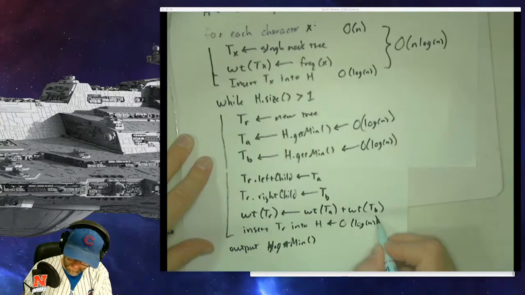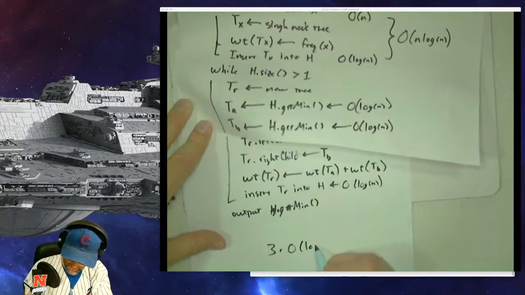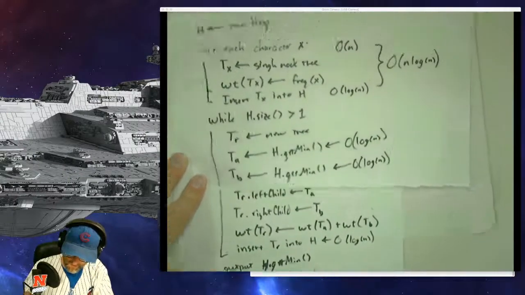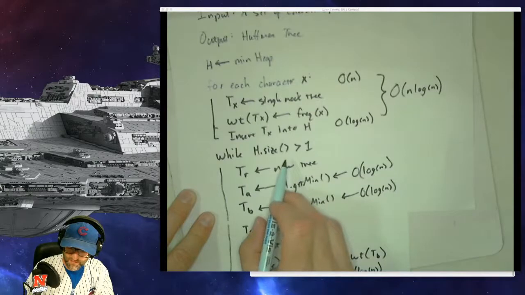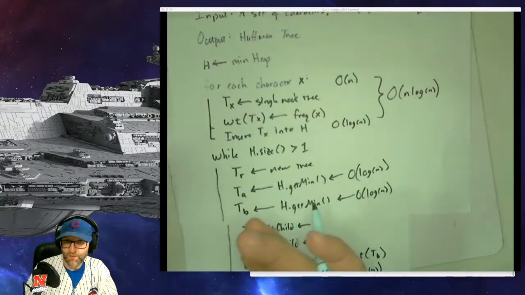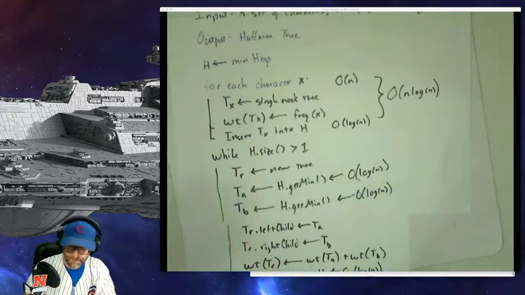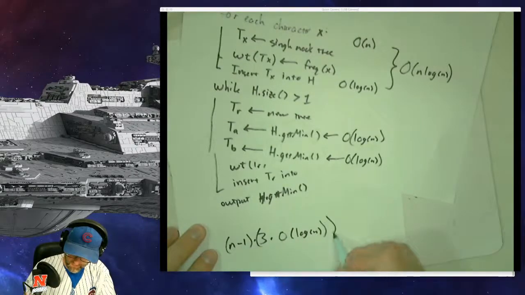So we've got three heap operations. And how many times do we iterate over this? How many trees do we combine? Well, if we start with n trees and we stop when there's only one left, then that means that there are going to be n minus 1 iterations of the entire loop, right?